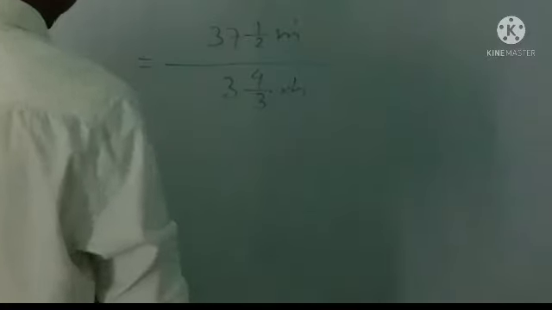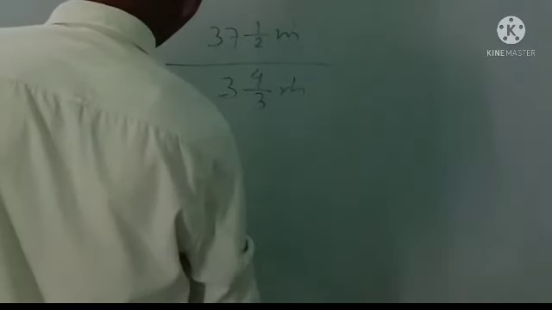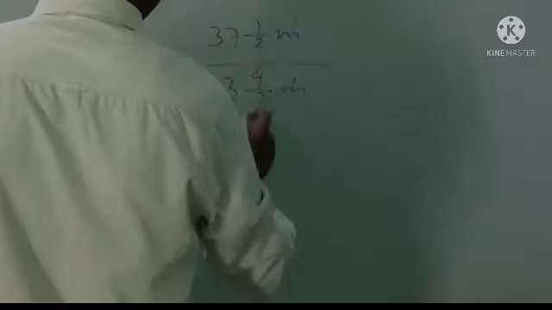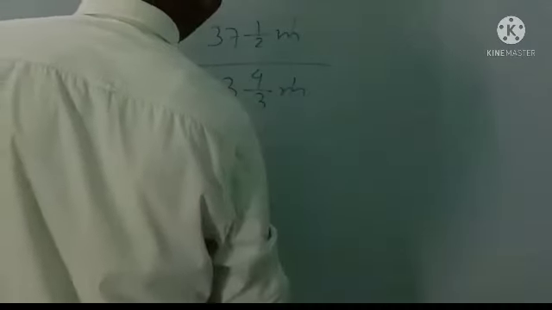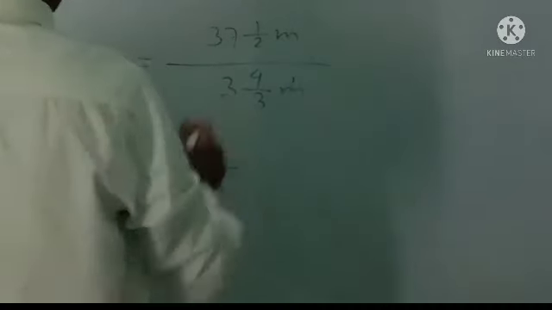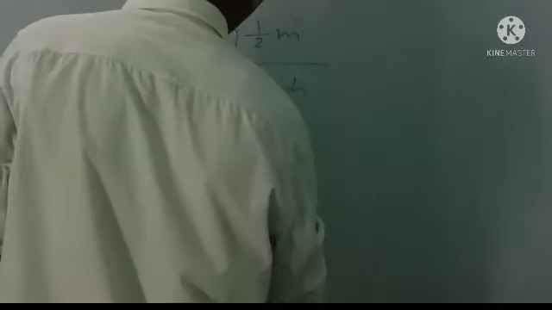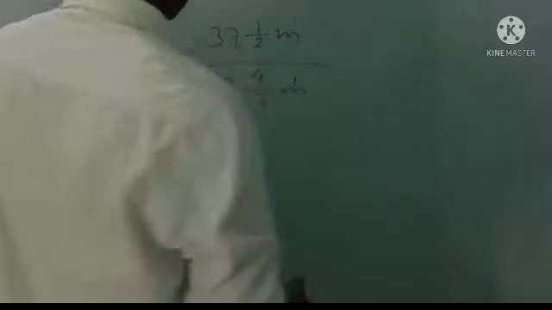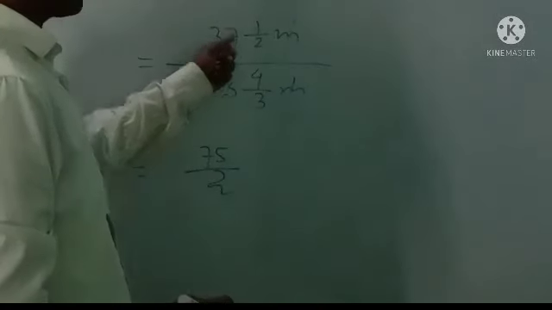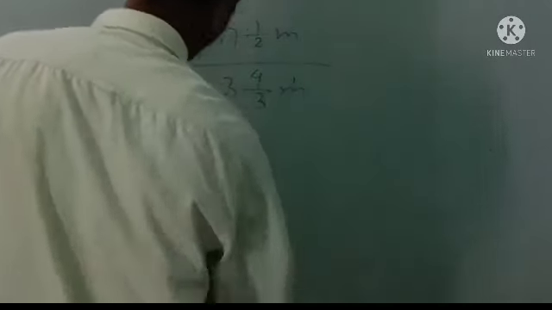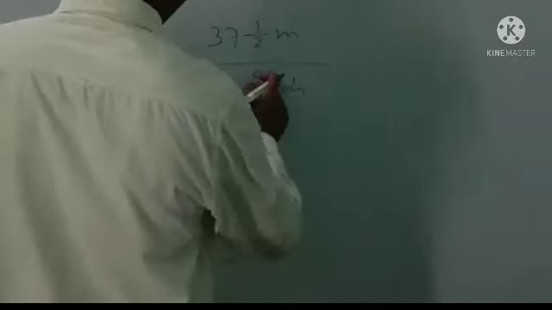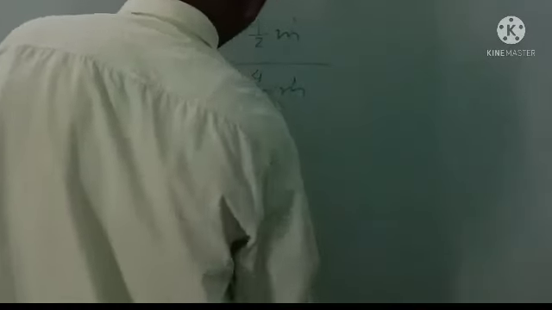So what is remaining? Denominator times whole number plus numerator: 2 times 37, we know 2 times 7 is 14, carry over 1, 74, plus 1, 75. Okay, 2 times 37 is 74 plus 1 is 75, and on the downside, 3 times 3 is 9, 9 plus 4 is 13.